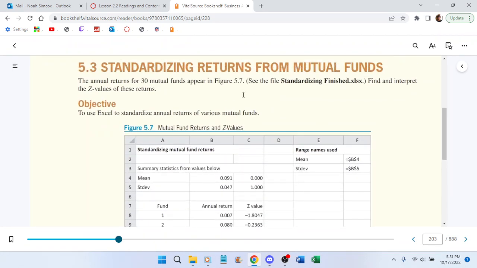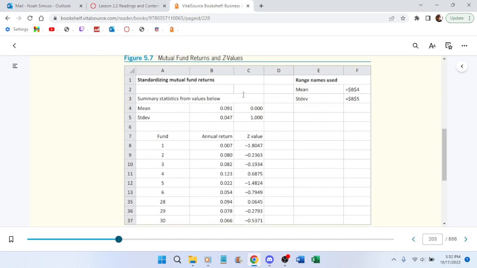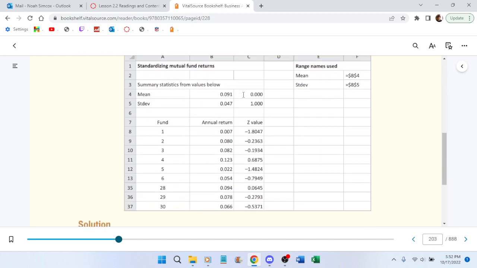The annual returns for 30 mutual funds. Find and interpret the z-values. Okay, they have a bunch of annual returns.